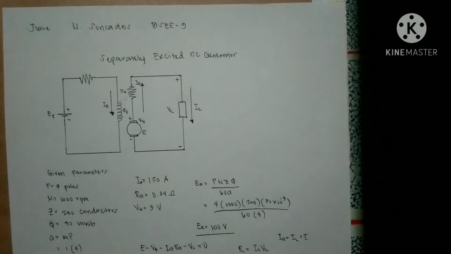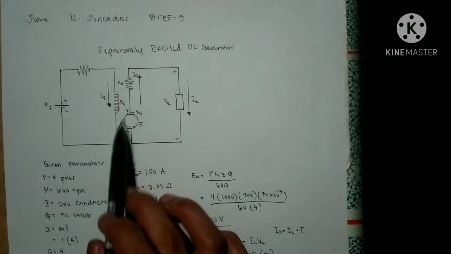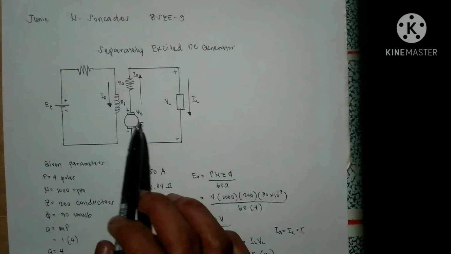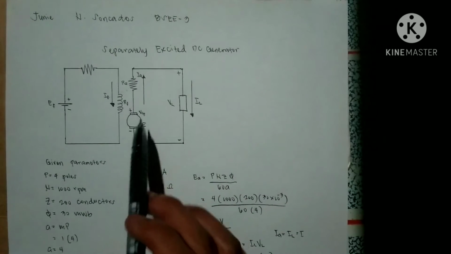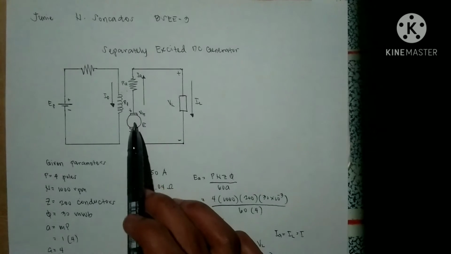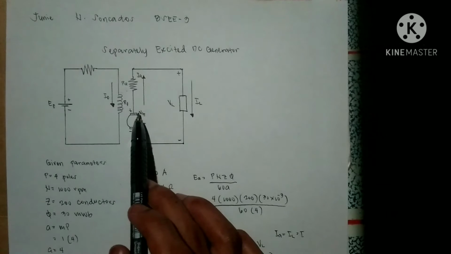So usually in a separately excited DC generator, a battery is one of the sources. In this part, the armature, we can calculate the generated EMF as well as the power generated. These are the brushes. Brushes also have a voltage drop.